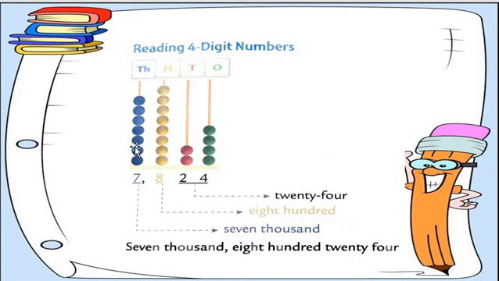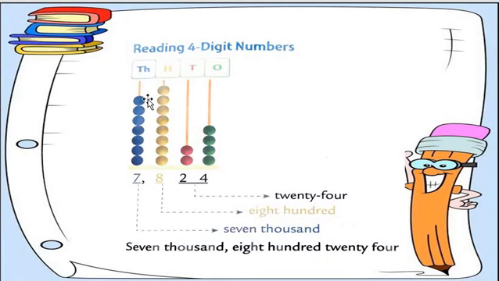How many blue beads are there in the 1,000 place? 1, 2, 3, 4, 5, 6, 7. In the abacus the first place is 1,000. 7 beads are there in the place of 1,000. So what should it be called?